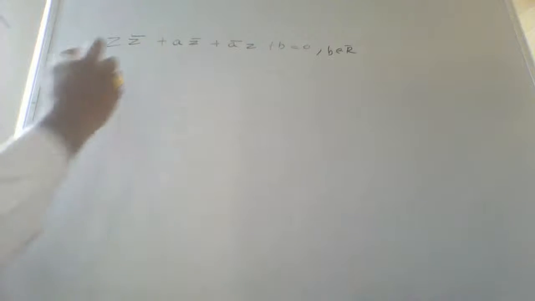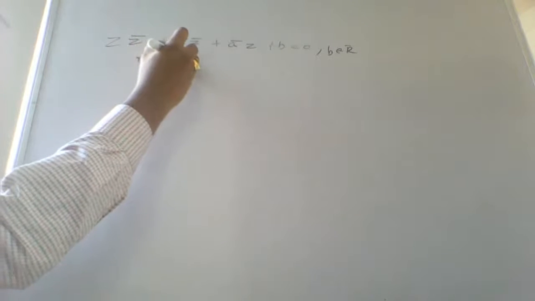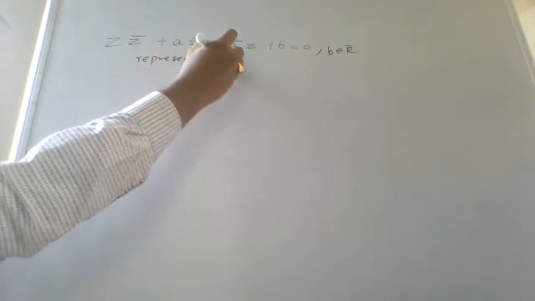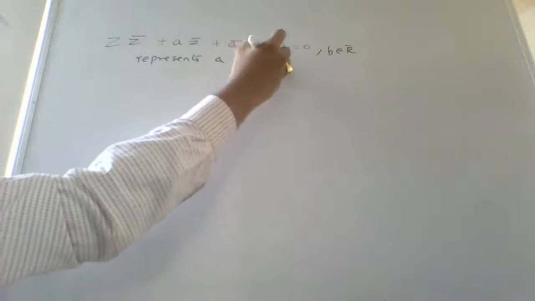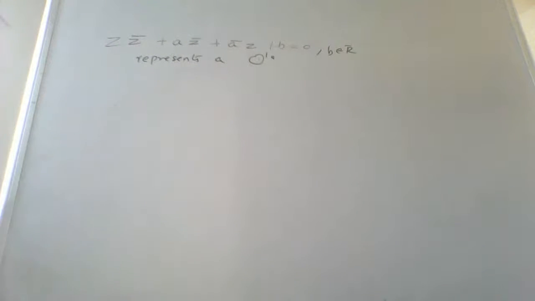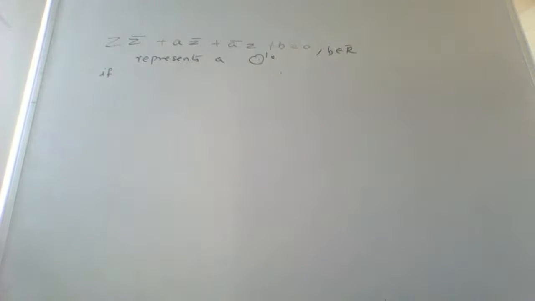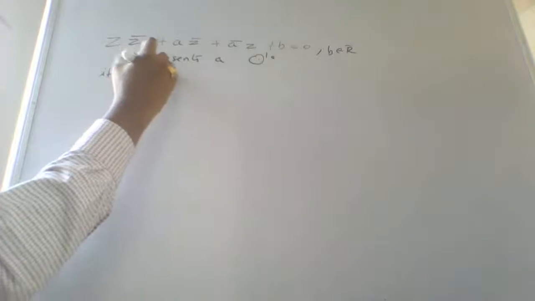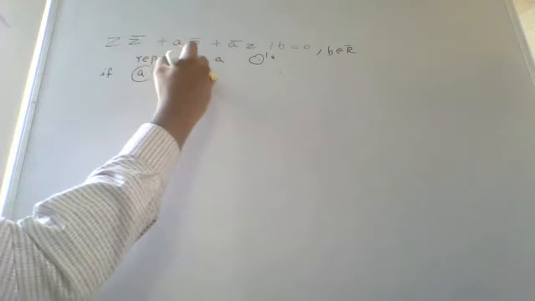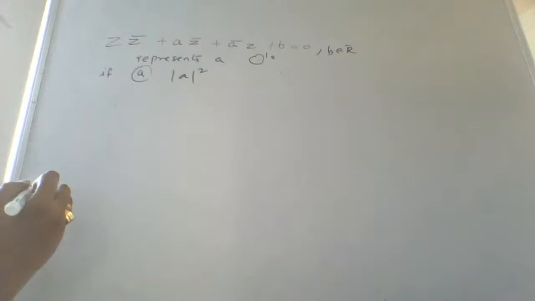Now, this represents a circle. We have the following options. Option a: mod a square is equal to b.